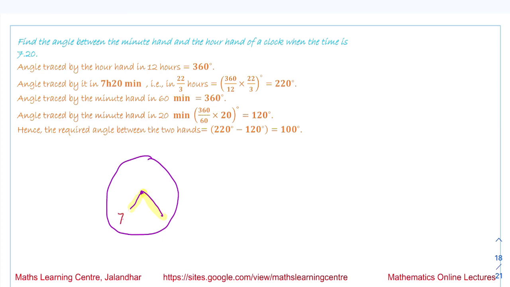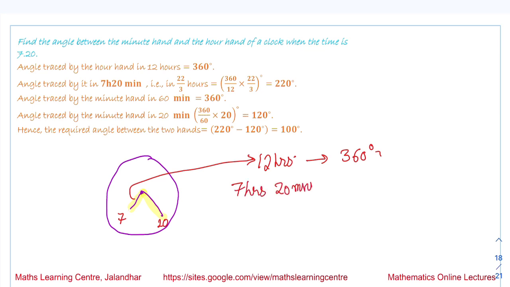It is at 7 and this is 20 over here. The angle traced by the hour hand in 12 hours is 360 degrees. Now the angle turned by it in 7 hours and 20 minutes.